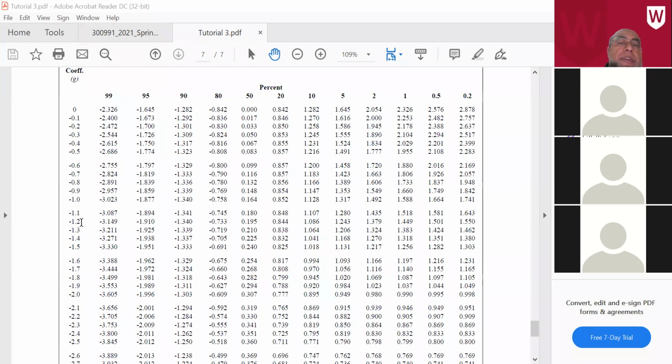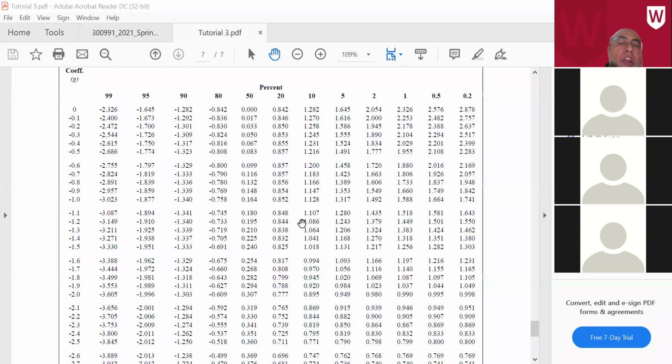This is the skew for minus 1.2, and this is the skew for minus 1.3. So minus 1.21 is in between.